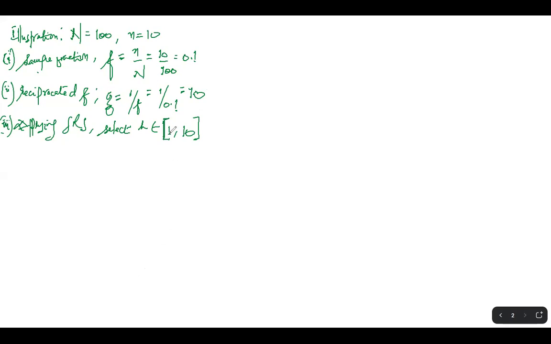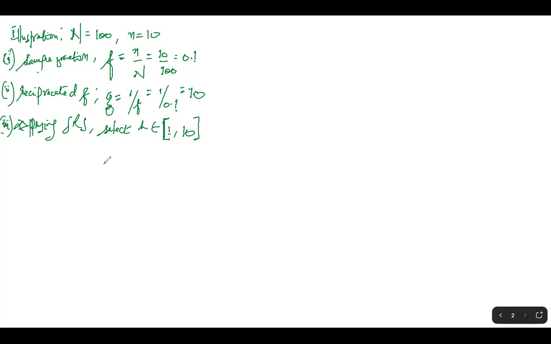Now we know what these values are. The possible values of H will be 1, 2, 3, 4, 5, 6, 7, 8, 9, 10, because the endpoints are inclusive. Because it's a random selection, somebody may end up selecting number 1, somebody may select number 10, somebody may select number 5, because we're doing the selection by simple random sampling.